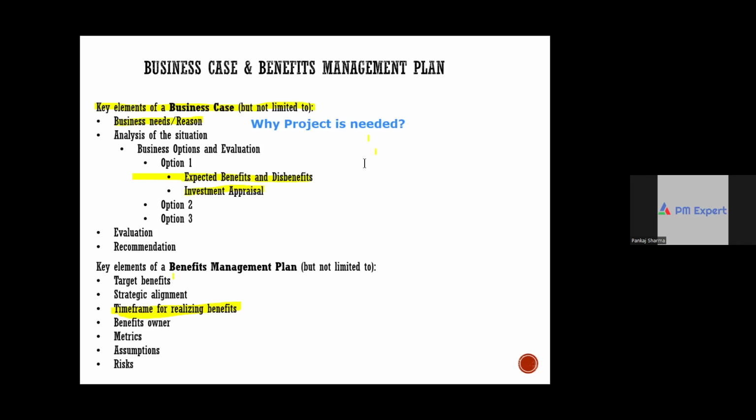Now, can you give me some examples of business reasons? Guys, can you give me some examples of business reasons? Why do we require this particular project? Some examples could be to avoid the current high cost that is going on. It could be in terms of the number of employees that we have, or maybe software because of the outdated technology that we may currently be using.